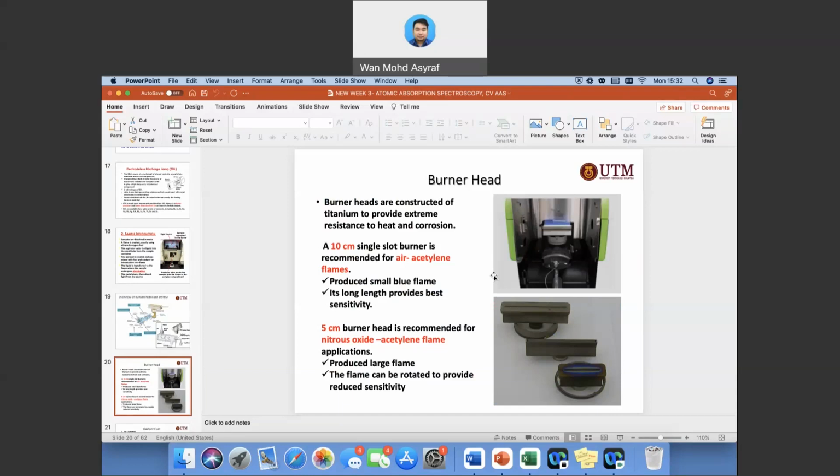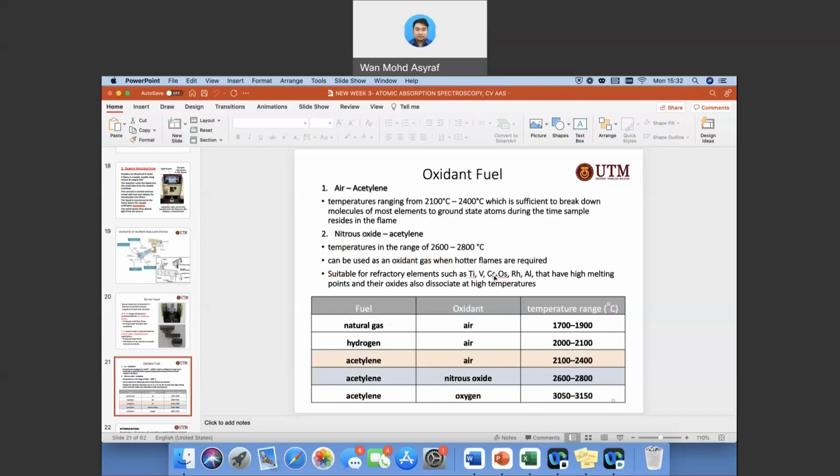This is an example of the burner head that we have. Remember that all of your analytes will be atomized at the burner head level. This is the oxidant and fuel.